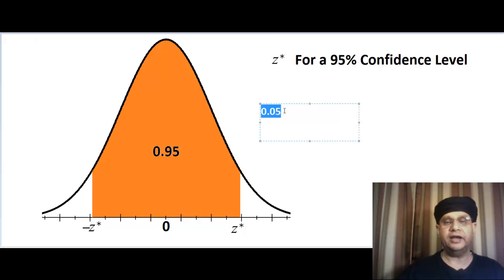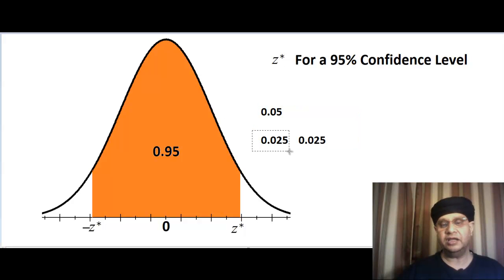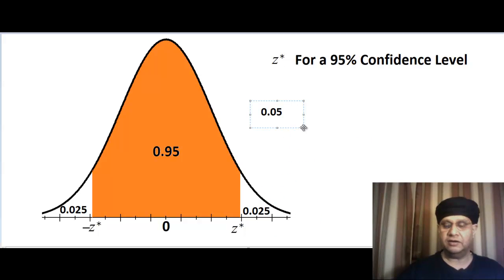And from that leftover, 2.5% of the area will be shared by each of these tails, that is 0.025 here, 0.025 here.